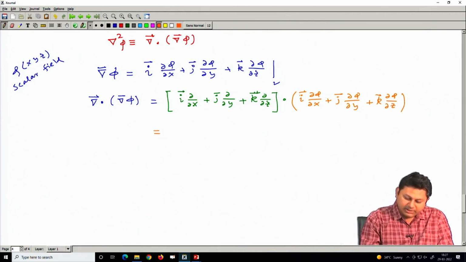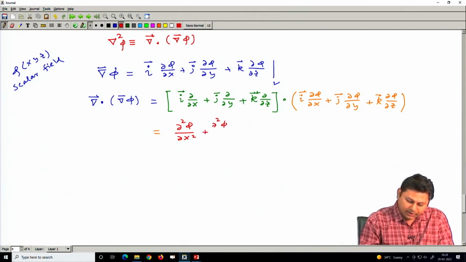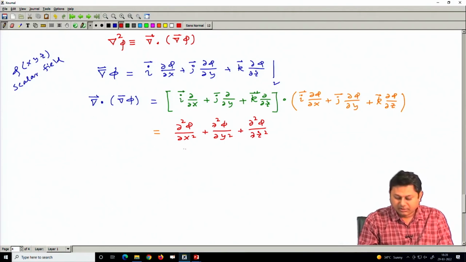This is a dot product, so we simply get del 2 phi del x square plus del 2 phi del y square plus del 2 phi del z square. This is the operation we can have.